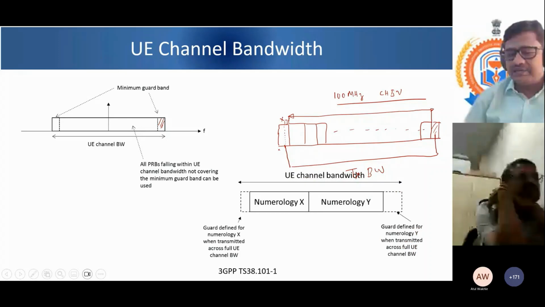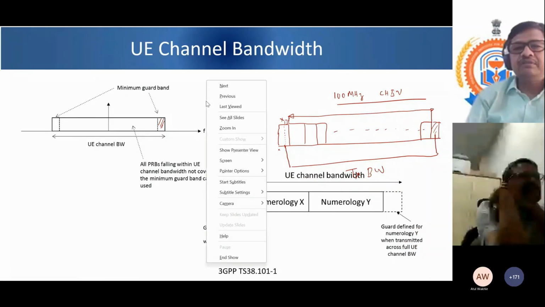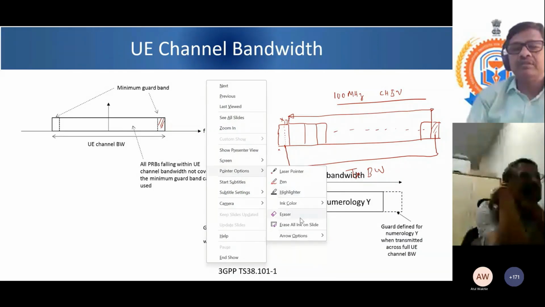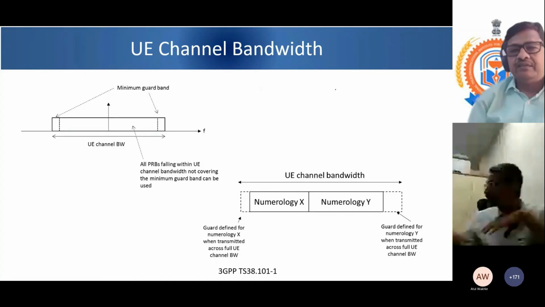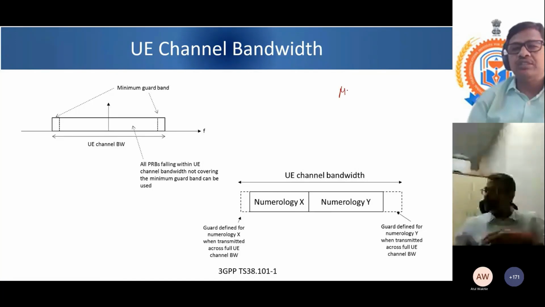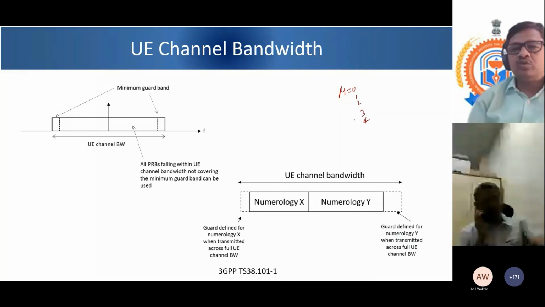Okay, now let us look at second concept. These are available in the standard document. You can always refer to. Just see this picture. We had discussed about various numerology 0, 1, 2, 3, and 4. So two things I want to explain. So in a channel bandwidth, suppose you have a channel bandwidth. Within channel bandwidth, some part you can use for numerology 0, other part you can use for another numerology.